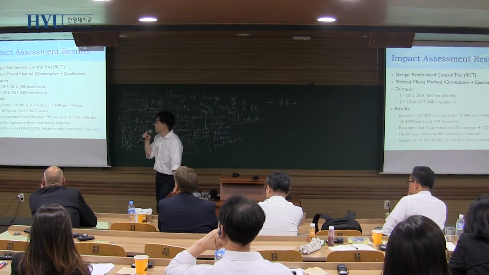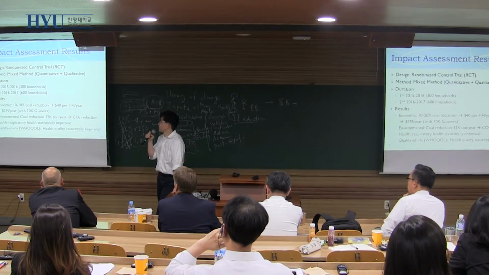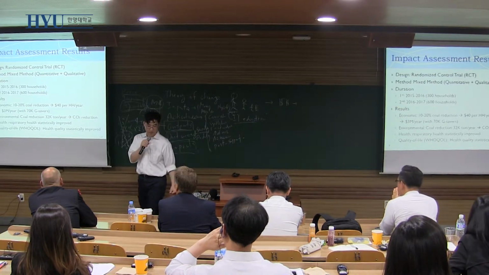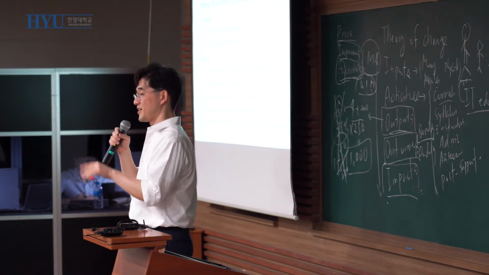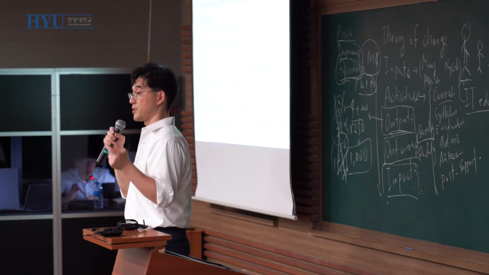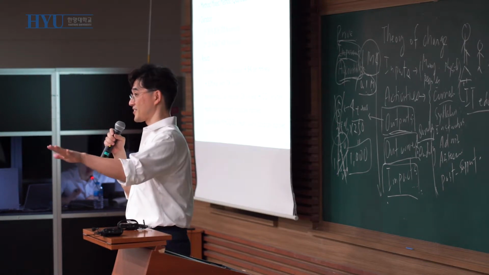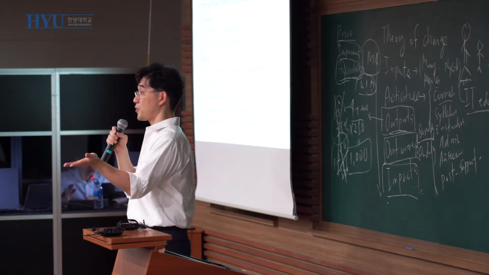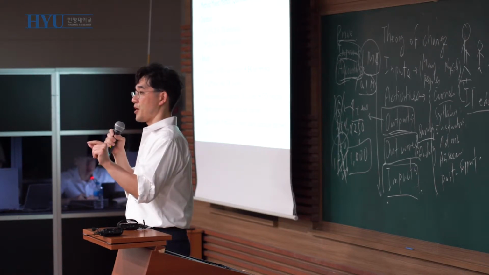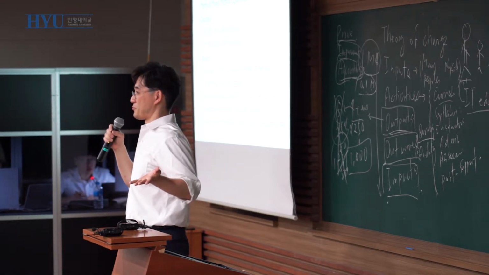The economic result, 10 to 20% coal reduction. And a very interesting part is when we did the test in the lab without humans, 40 or 50% reduction was reported. But in the real world, only 10 to 20% reduction. Because poor people choose to be more warm, live in a warm place, right?